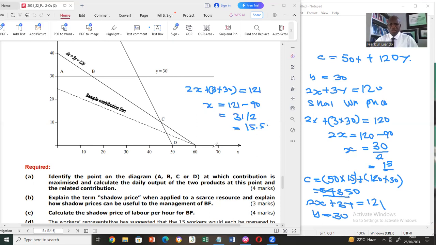The new contribution now will be C equal to 50 multiplied by 15.5 plus 120 multiplied by y, which is not changing. There we have 4375.